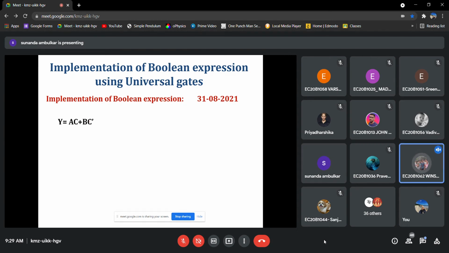We did the NOR implementation for this expression; now you have to implement this with the NAND gate.